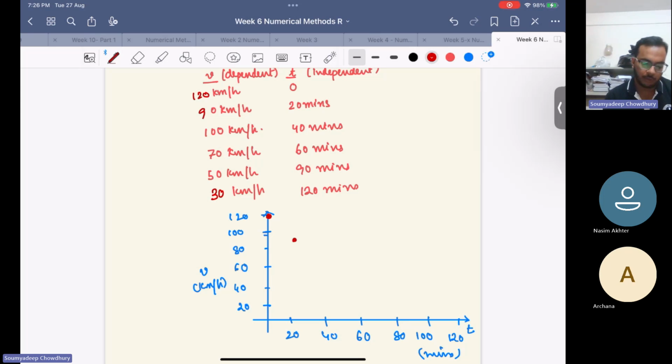So at 20 it is around 90. At 40 it is around 100, right? At 60 it is around 70 kilometers per hour. At 90 it is around 50 kilometers per hour. And at 120, one second, 60 it is. I'll draw it exactly, otherwise it will be difficult.